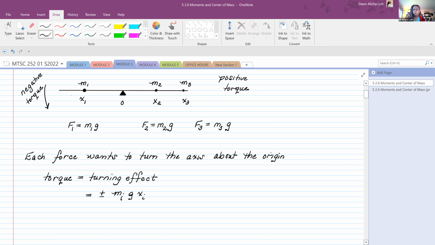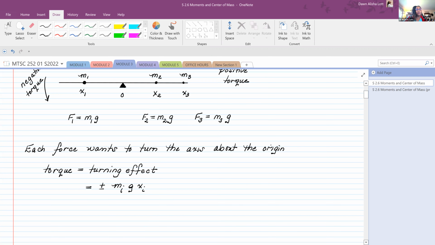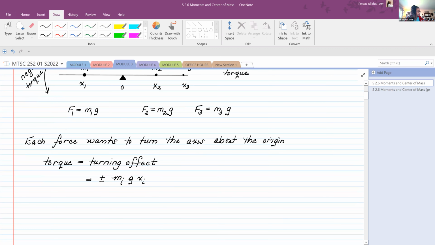So x1 would be a negative location. X2 and x3 would be positive locations.